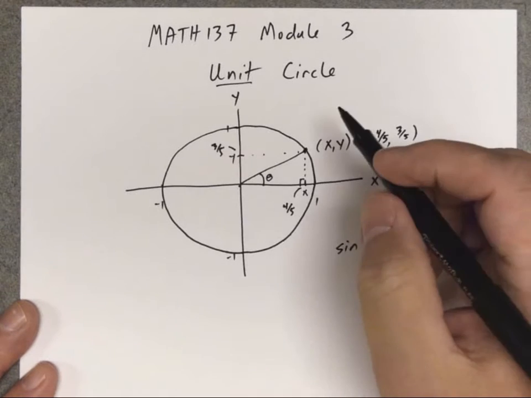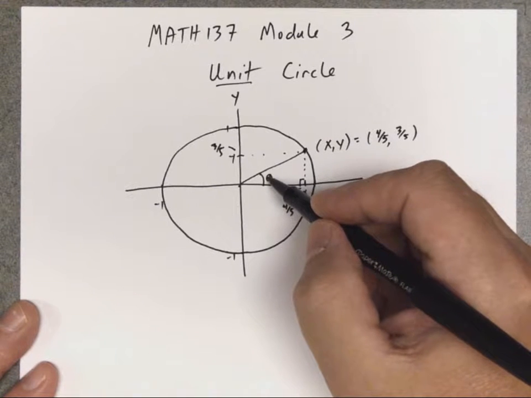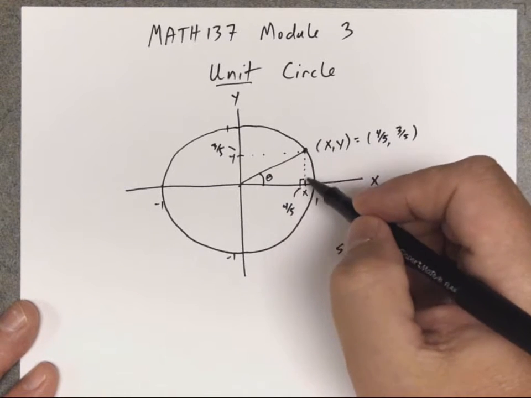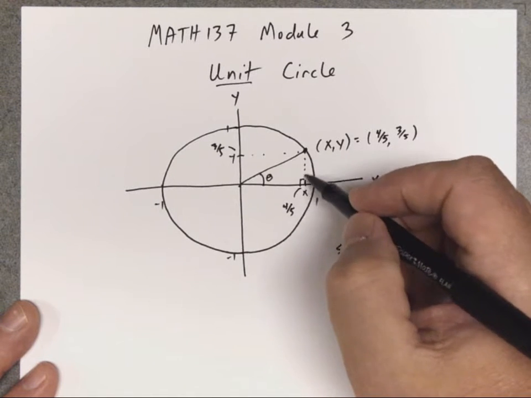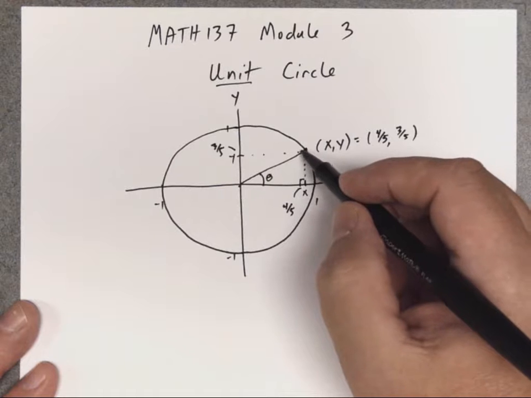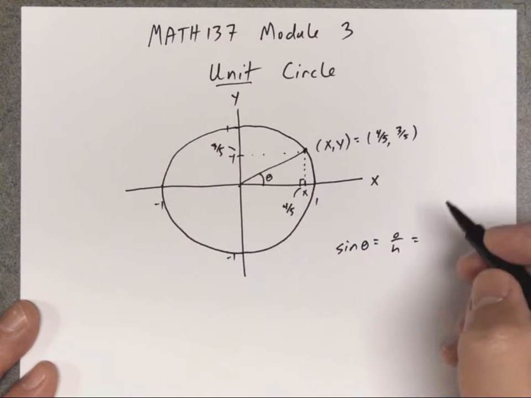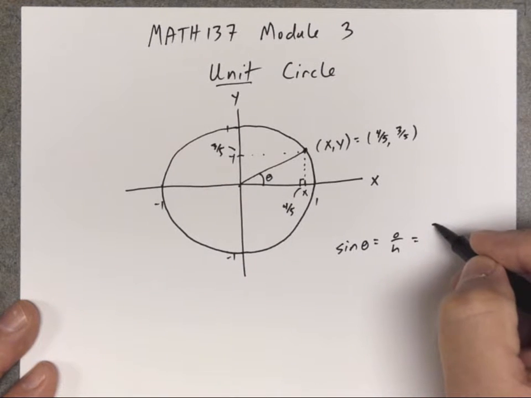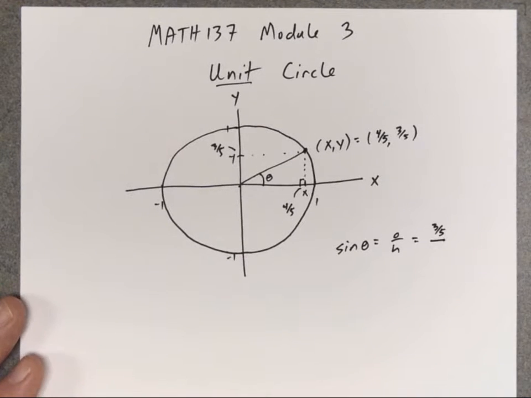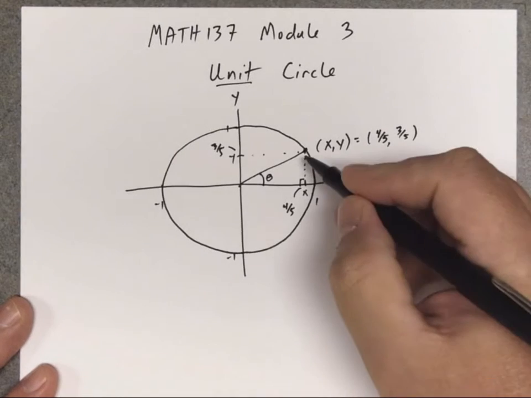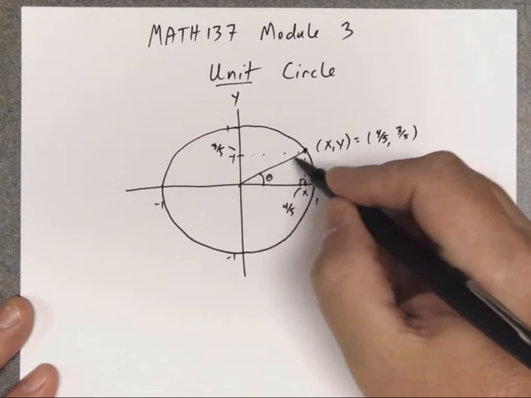So in this case, if my angle is here, the opposite is this side right here. This distance here is really y, which for this point, what's y? y is 3/5. So 3/5 opposite over hypotenuse.